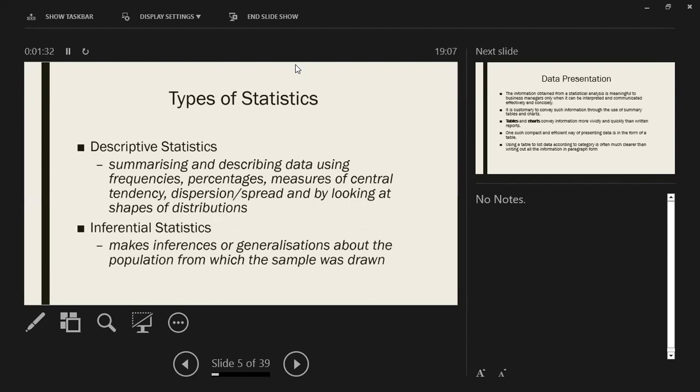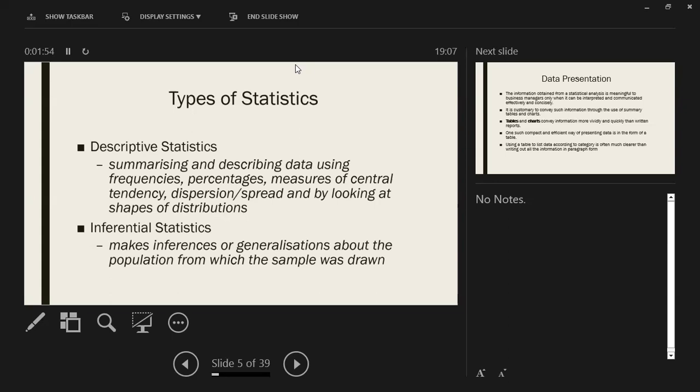So now let's look at the types of statistics that we are going to be looking at in this module. The first one is what we call descriptive statistics. Generally, this type of statistics is used to summarize or describe data.